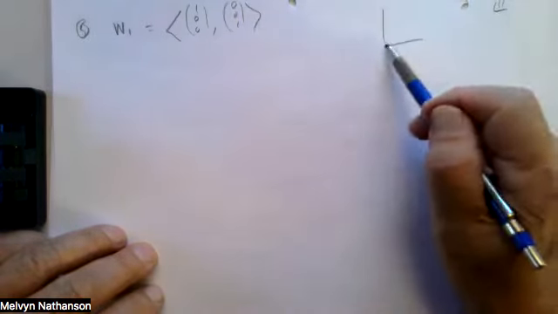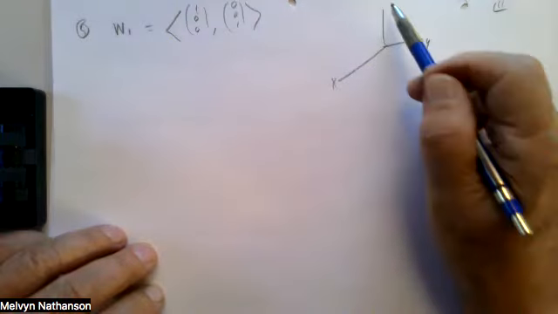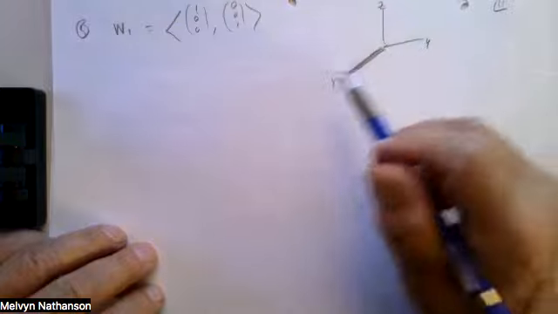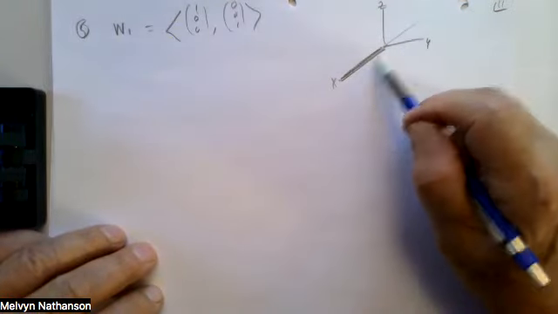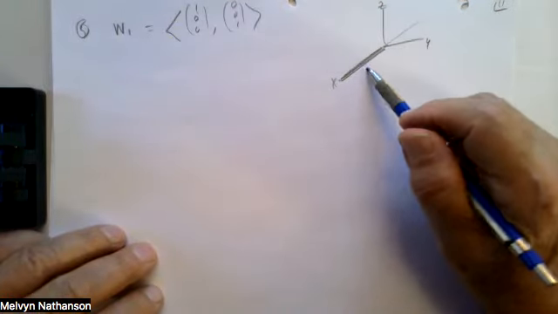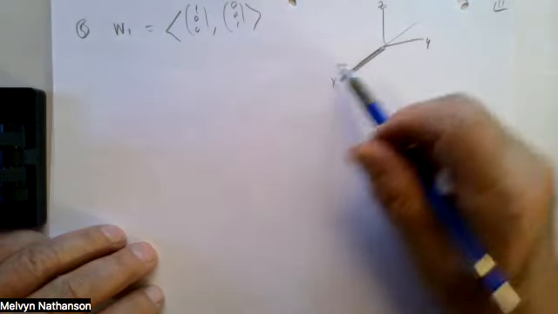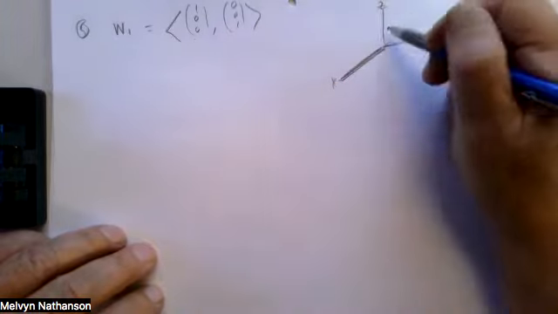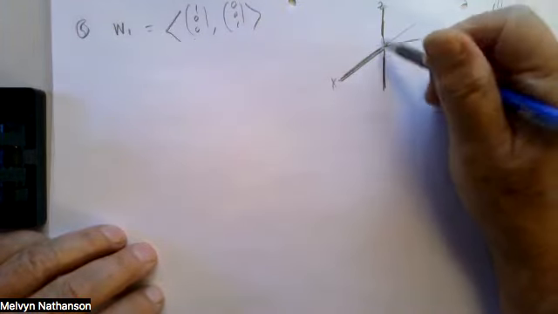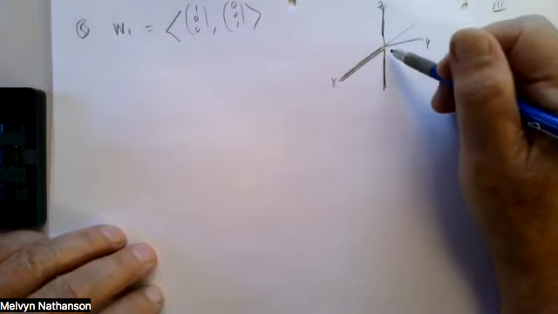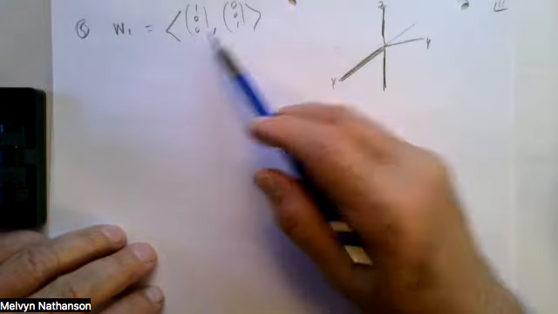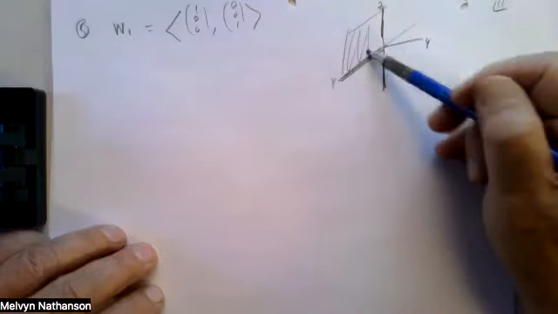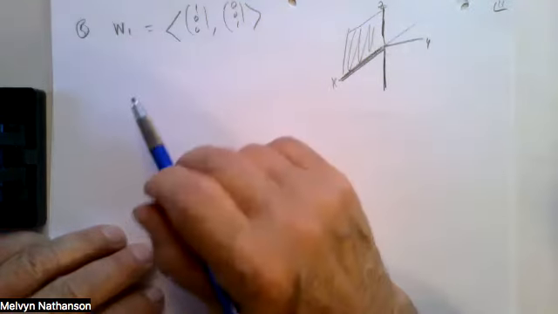So if you're looking at R3, let's say this is X, Y, and Z, 1, 0, 0 is the x-axis. Right? The x-axis is all scalar multiples of 1, 0, 0. 0, 0, 1 is the z-axis. And if you look at all linear combinations of a vector in the x-axis and a vector in the z-axis, you get the xz plane.